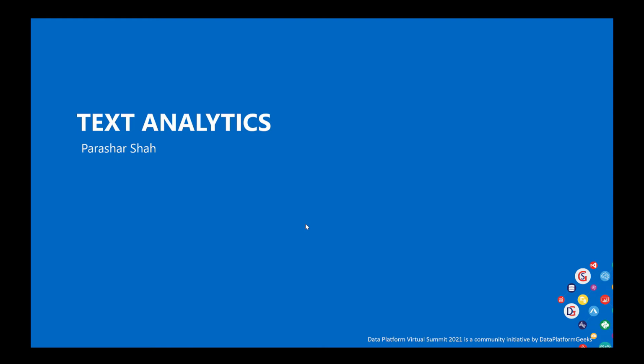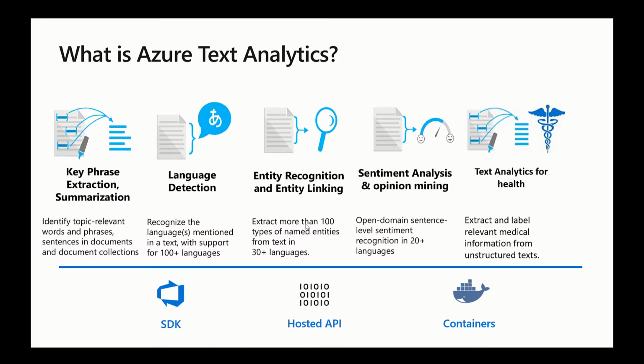Now let's go deeper into text analytics today. Text analytics is offered as an API. It can be consumed via an SDK and can be used via the hosted API or by calling it from a container. And when you do that, you can use any of the features within text analytics to extract key phrases by using key phrase extraction, and summarize text, which is our latest offering to do extractive summarization from a document.